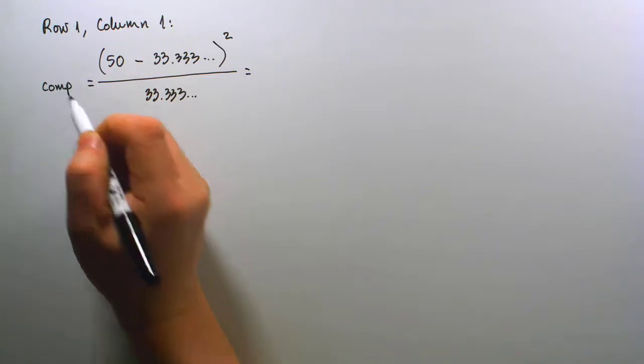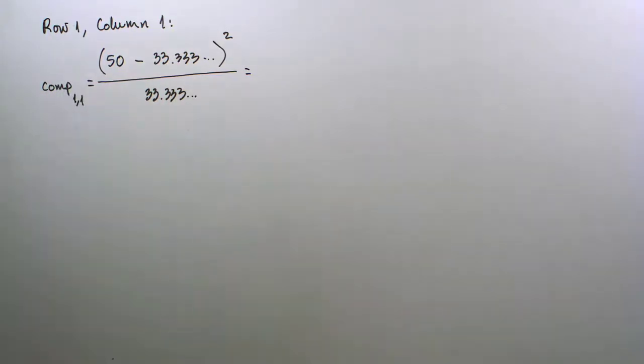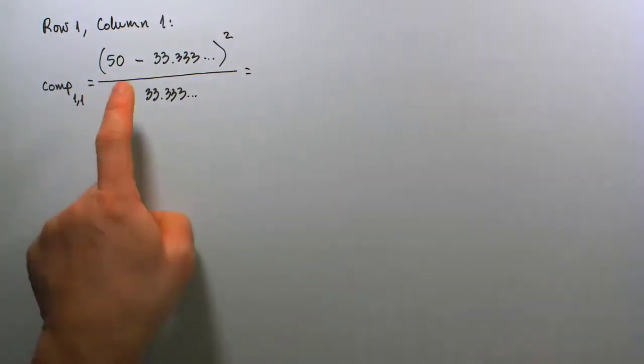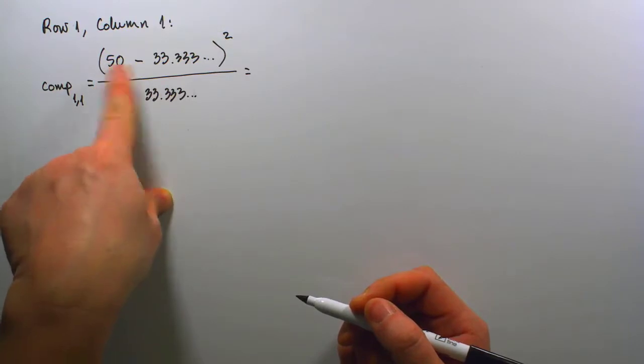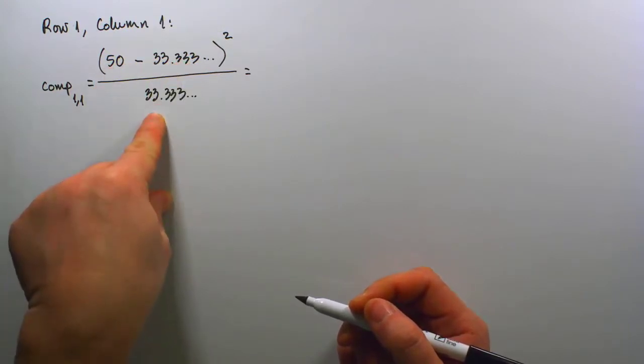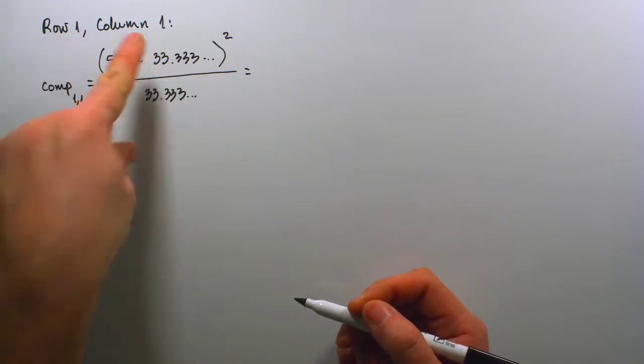And for short, symbolically, I call that COMP, components in row 1, column 1. So it's a value that's made by taking the square of the difference between observed count and expected count, then divide that by the expected count itself on the current entry. Current entry here is row 1, column 1.